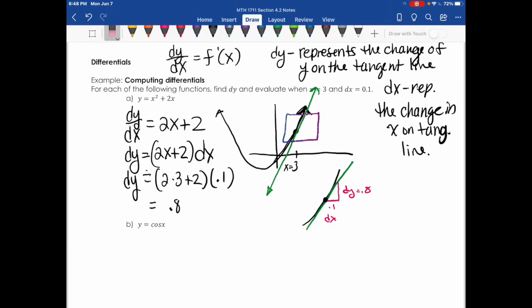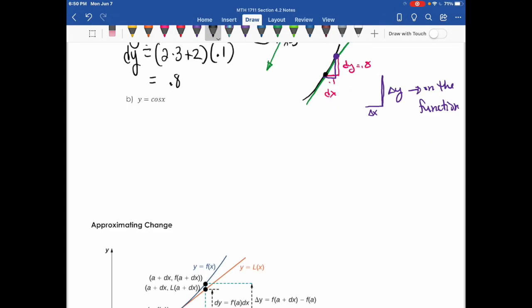If I come over this way using purple, and I come up to find the change of y on my function, the purple, this part here, this is the change in x, and this is the change in y on my function. The dx and the dy is the change in x and the change of y on the tangent line. So that's the difference.